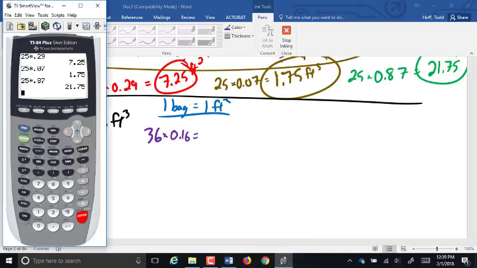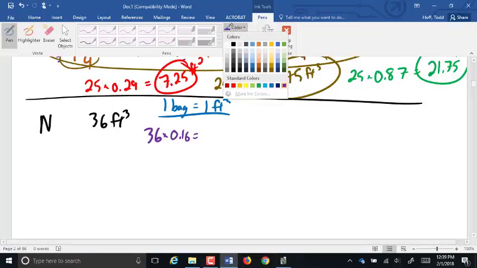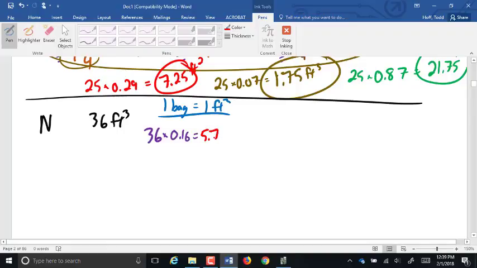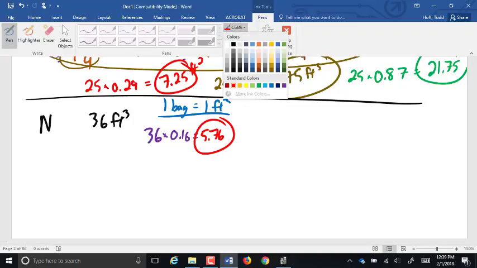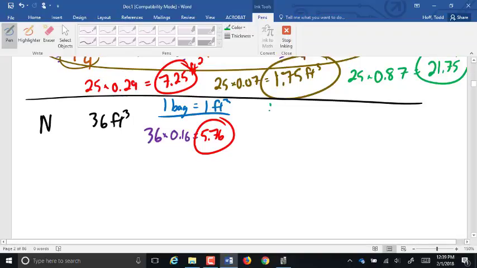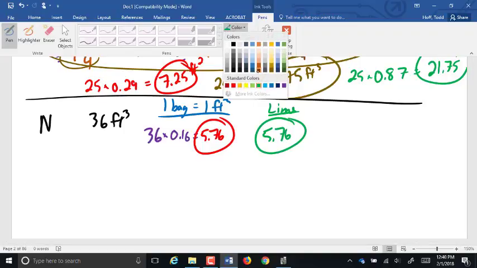So we'll do 36 times 0.16, which gives us 5.76 bags of cement or cubic feet of cement. For the lime, well, our number for lime was 0.16. That's also going to be 5.76. That's just 36 times 0.16 again.